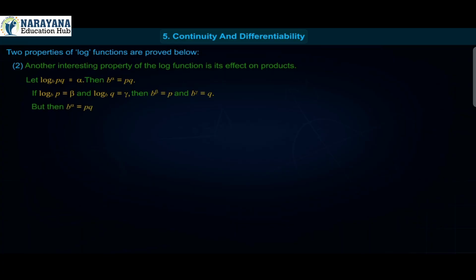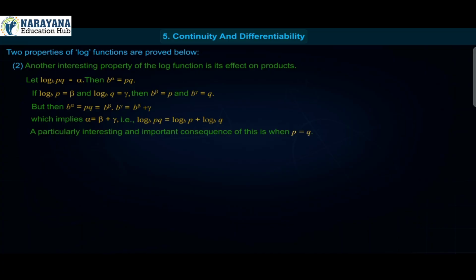But then b raised to alpha is equal to pq is equal to b raised to beta, b raised to gamma is equal to b raised to beta plus gamma, which implies alpha is equal to beta plus gamma. That is, log of pq to base b is equal to log of p to base b plus log of q to base b.